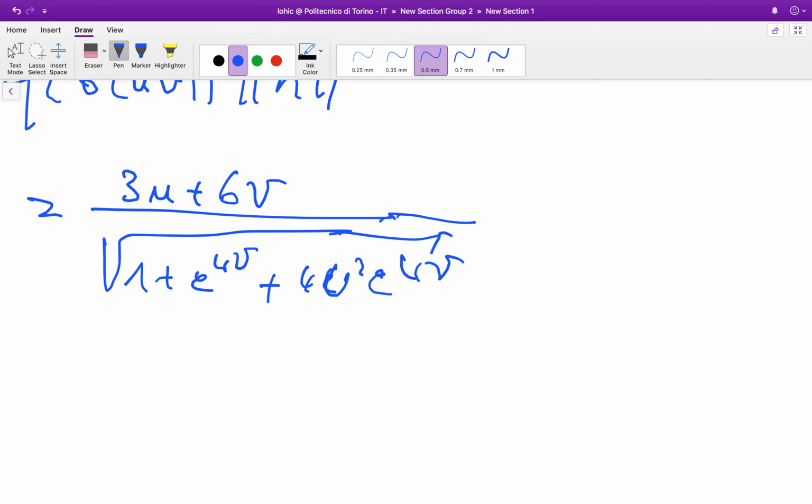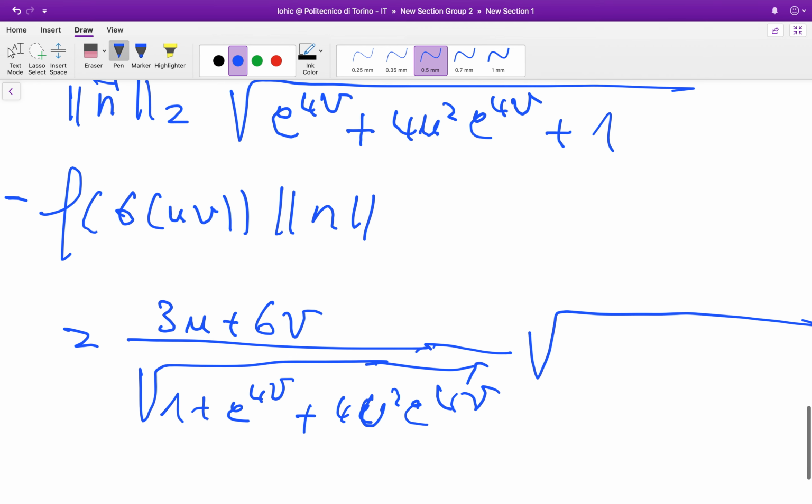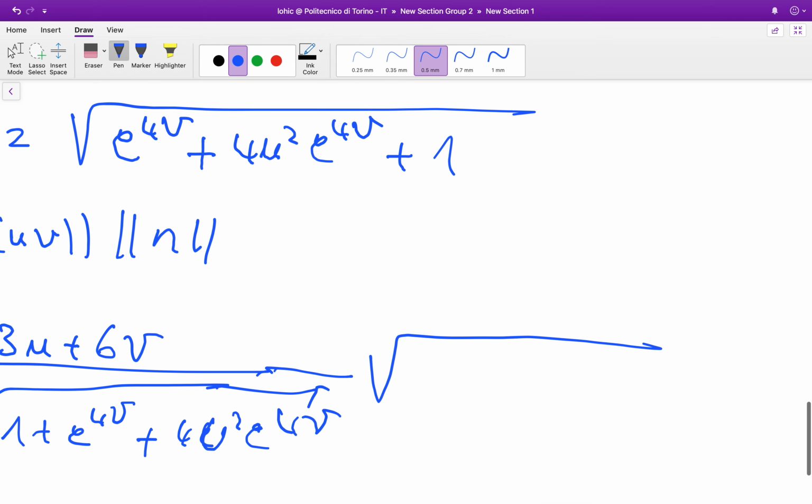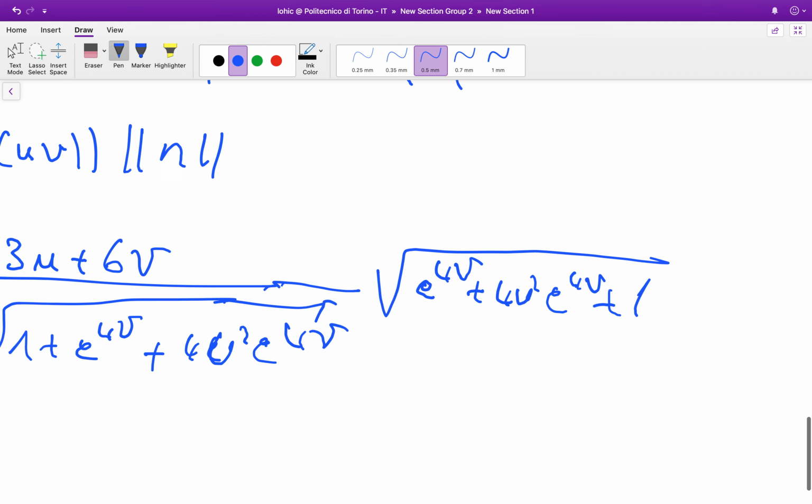Then I have to multiply by the modulus of n, right? That is going to be the square root of exponential of 4v plus 4u square exponential of 4v plus 1. So what do I see?